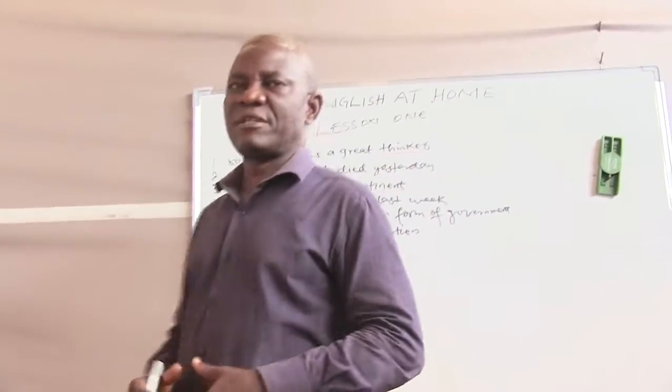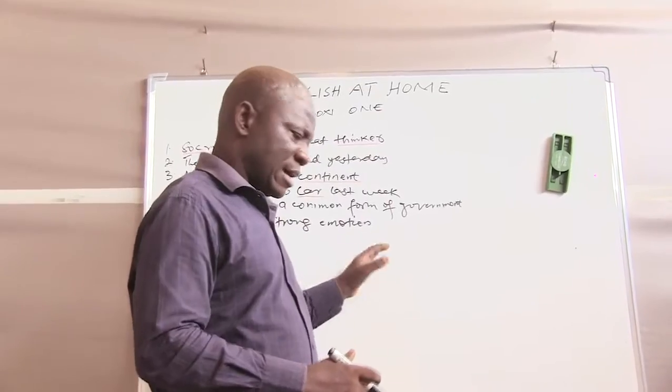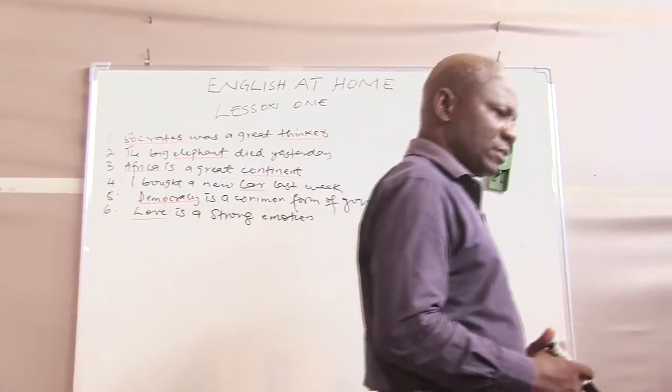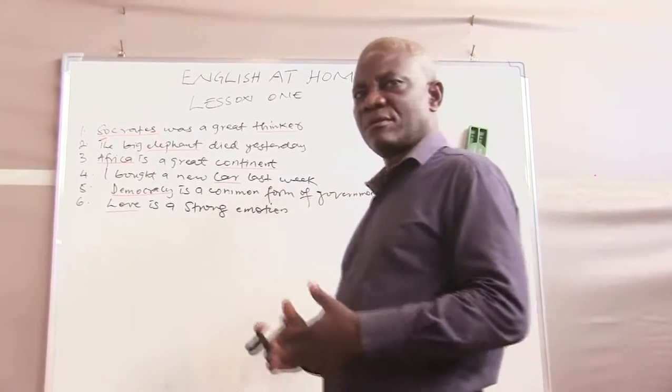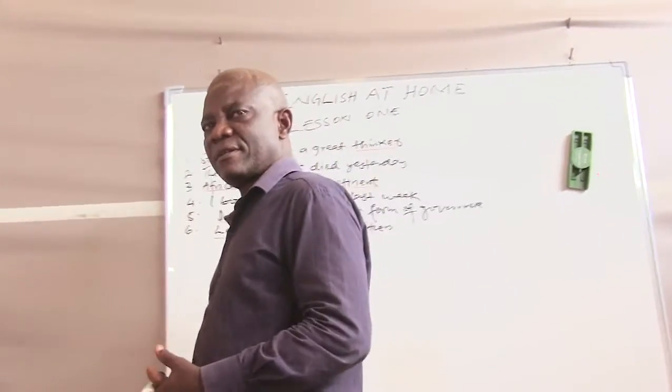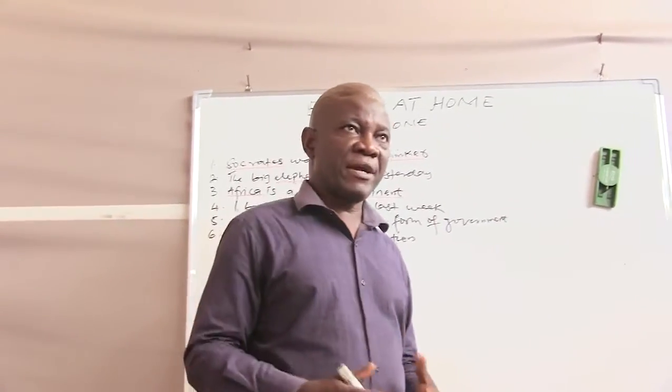And all of them have their different functions. Okay, and lastly we talked about the noun. That a noun is the name of a person, animal, place, thing, an idea, or quality of mind.